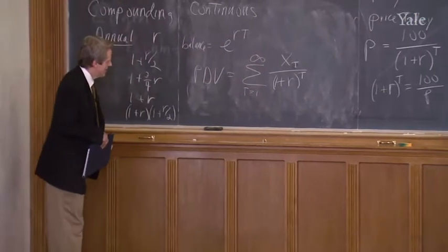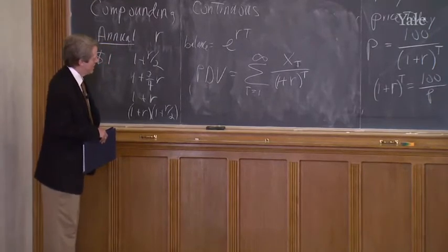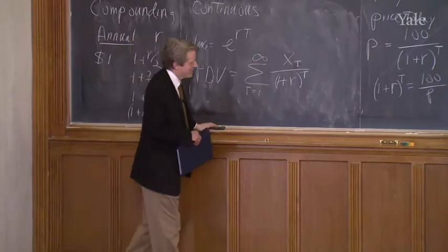And that's the present discounted value for annual compounding of annual payments.